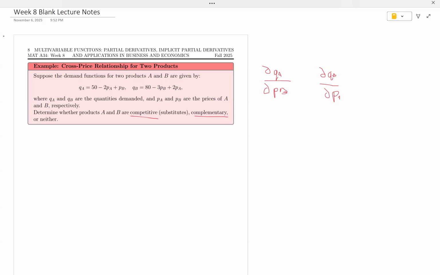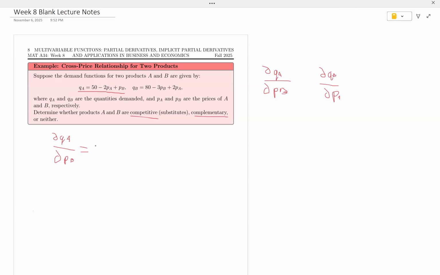So let's take a look at this example. If I am looking at the partial derivative of the quantity of A with respect to the price of B, this is equal to, and I'm looking at this expression, here we're going to treat P of A as a constant.